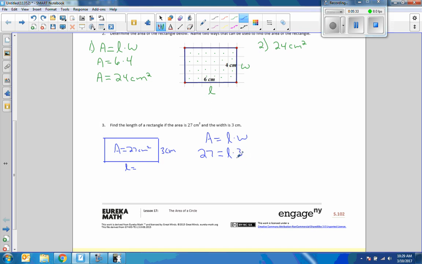So this is multiplication. We simply do the inverse operation to get rid of the 3, and we get the length to equal 27 divided by 3, which is 9. So my answer is 9 centimeters. Okay?